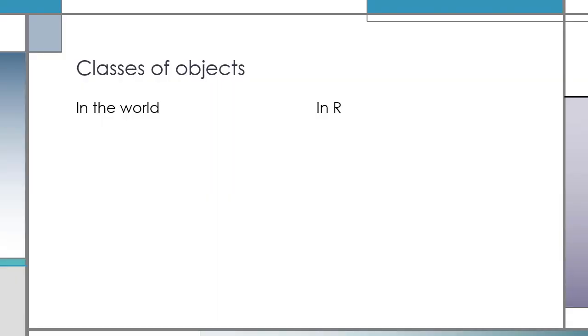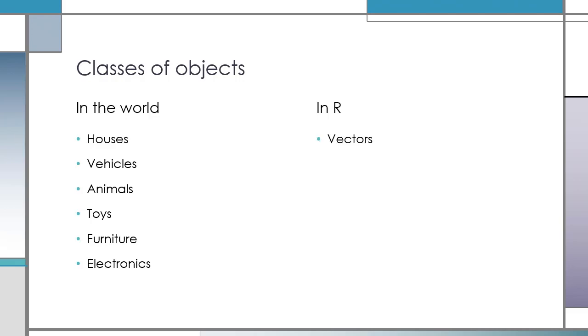Let's think about classes of objects in the world. You can have houses, you can have vehicles, you can have animals, you can have toys, furniture, electronics. These are all classifications, are they not? In R, we can classify into vectors, matrices, arrays, factors, lists, and data frames.